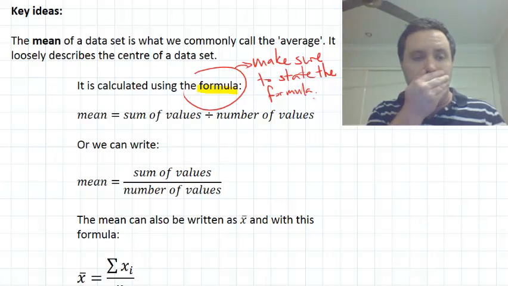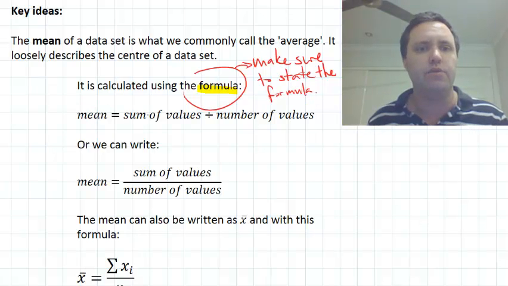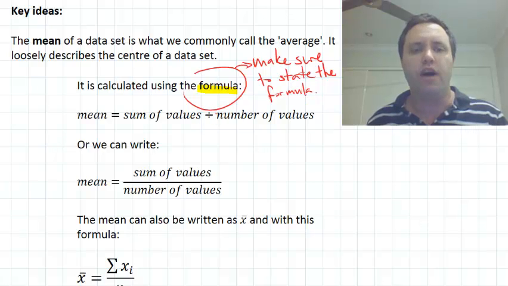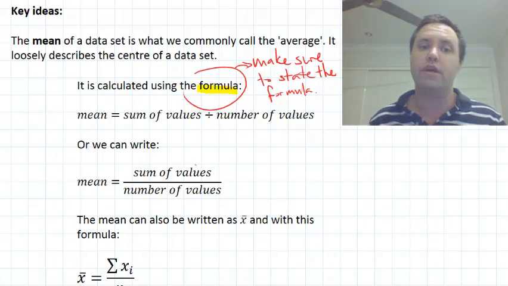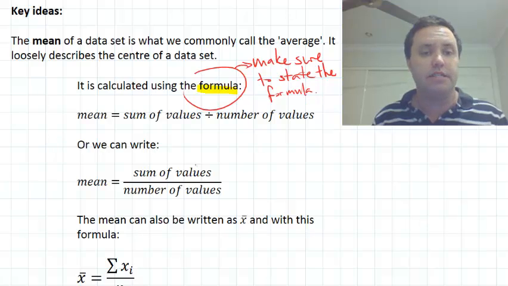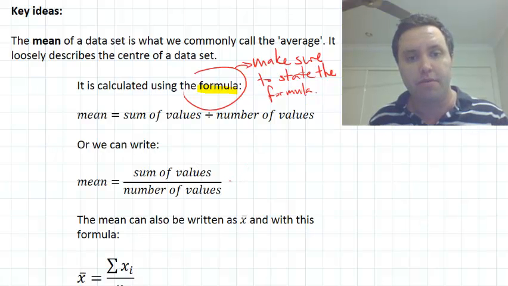The formula is: the mean equals the sum of values divided by the number of values. Or we can write, which is probably easier, mean is sum of values over number. I'm happy for you to write the sum over the number.